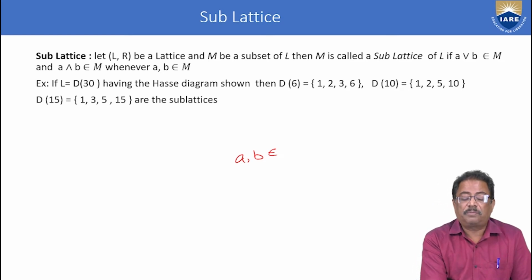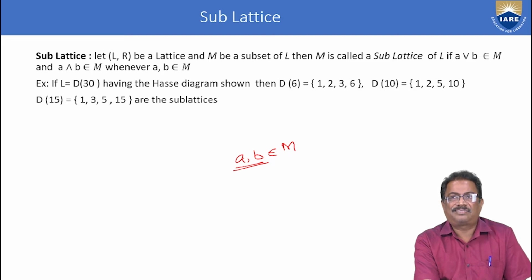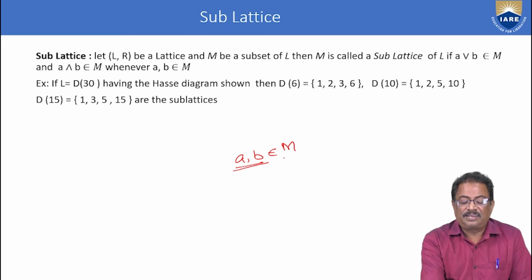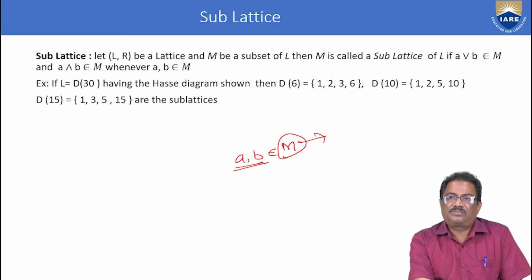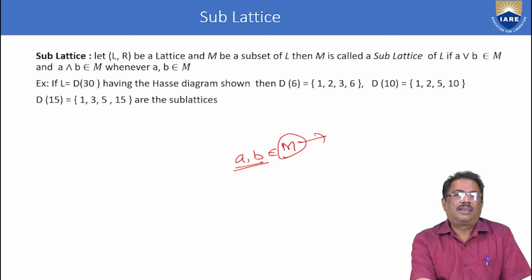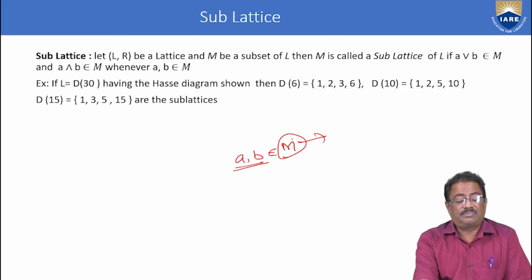Now we select the pair of elements from the subset, and if every pair has a least and greatest element, then we can say the subset is known as a sublattice. That means it is nothing but a subset which satisfies all the lattice conditions.